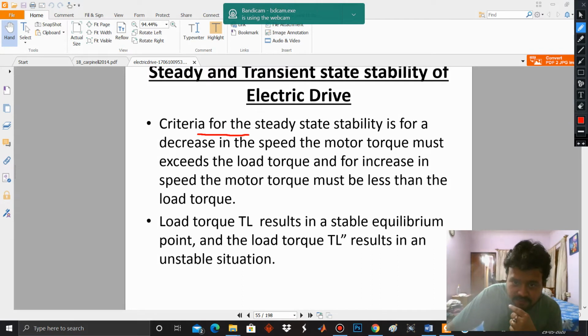The criteria for steady state stability is: for a decrease in speed, the motor torque must exceed the load torque.